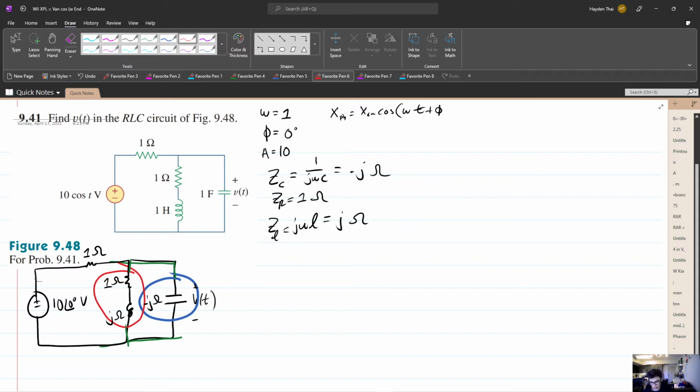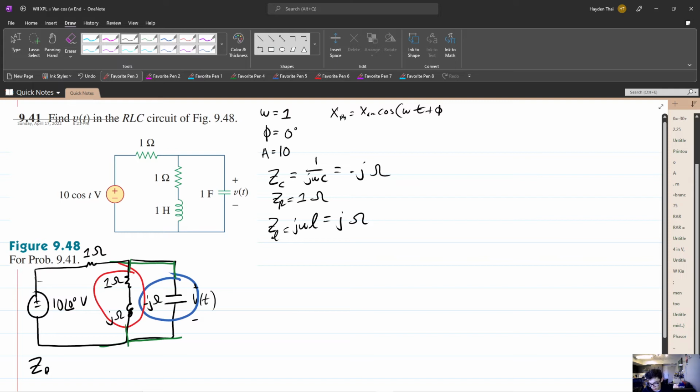So why does all this matter? It's because elements in parallel share the same voltage drop. So I can combine both of these sides and have one large circuit all in series. Let's do that.